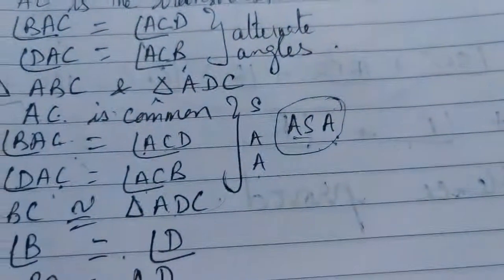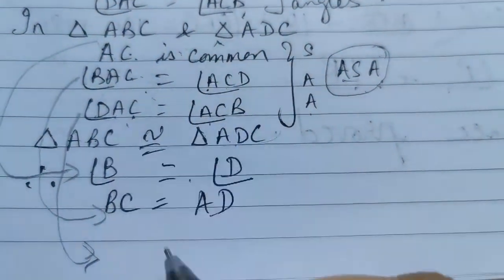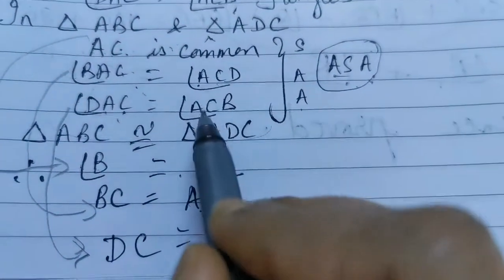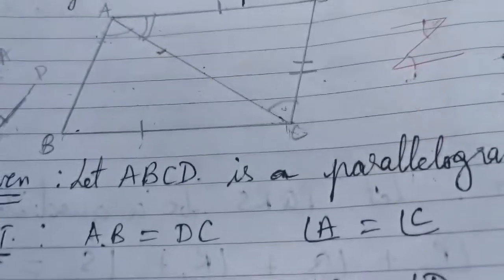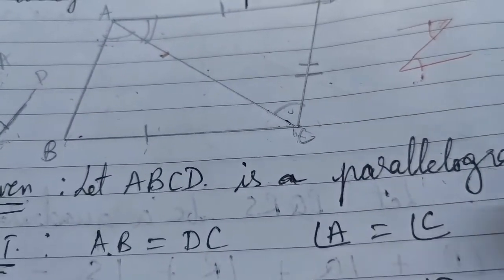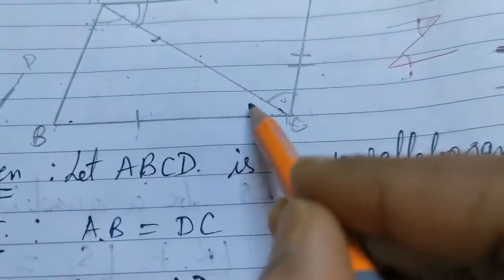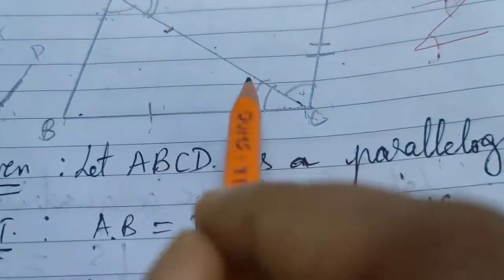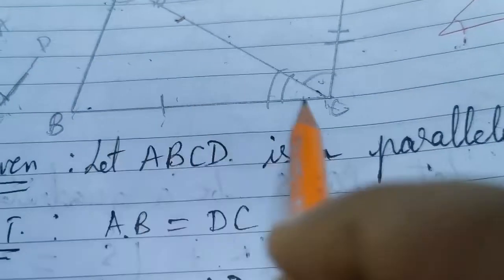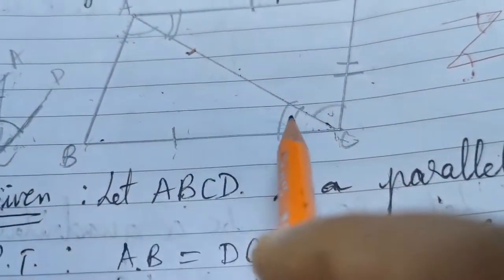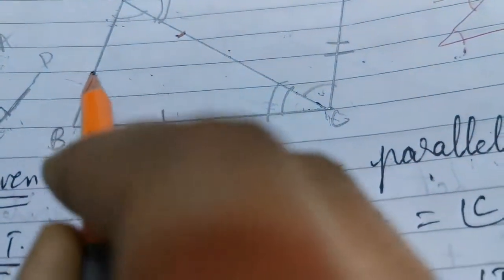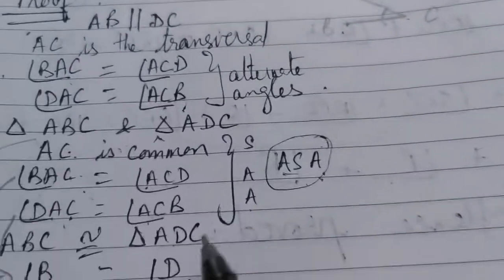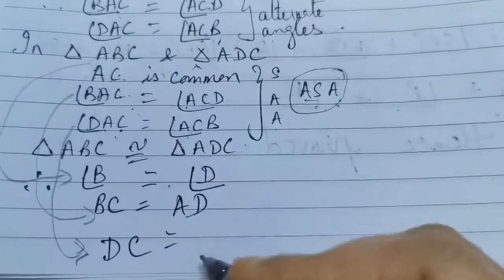Let me check what is the side opposite to ACB. So I have ACB here. The side opposite to ACB is, you have to look at the side which faces that angle. In this triangle, the side which faces this angle is AB. So AB is the side opposite to angle ACB.